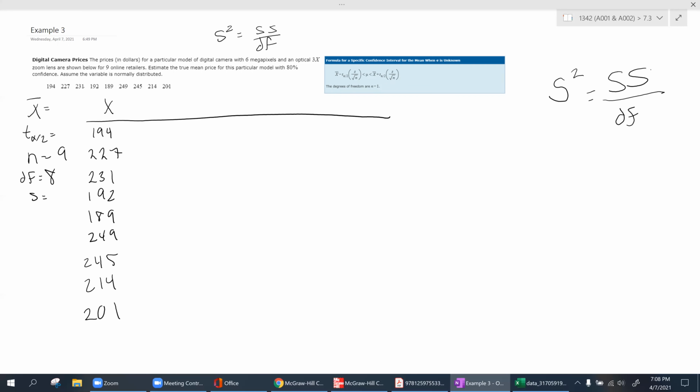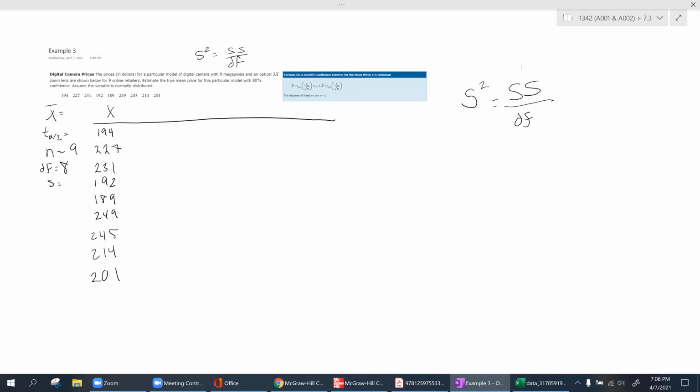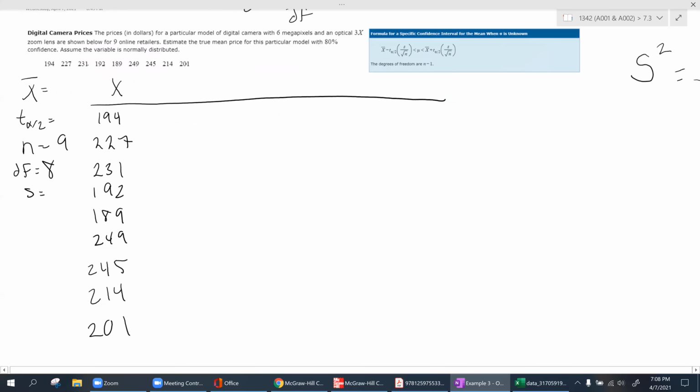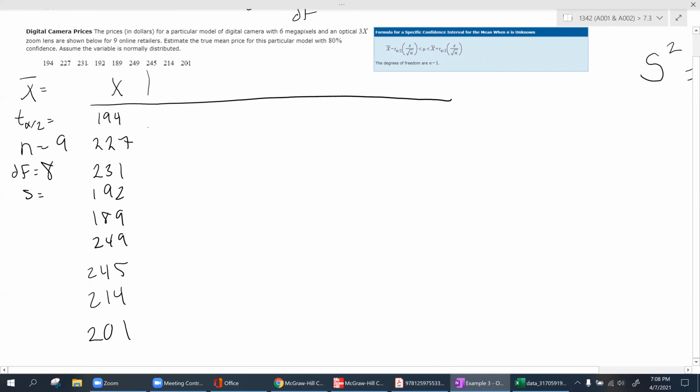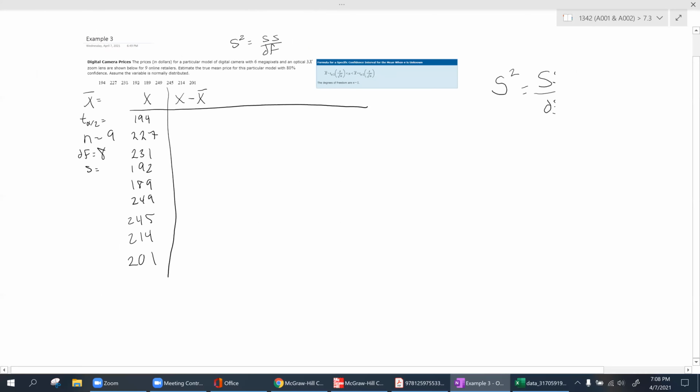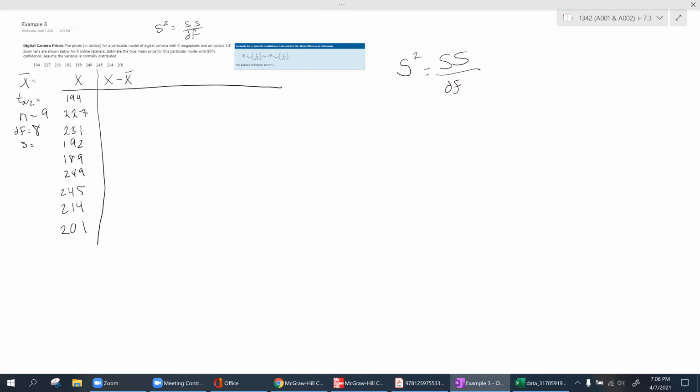So the first thing I want to do, to lead me to sum of squares, is x minus x bar, where x bar is my average.